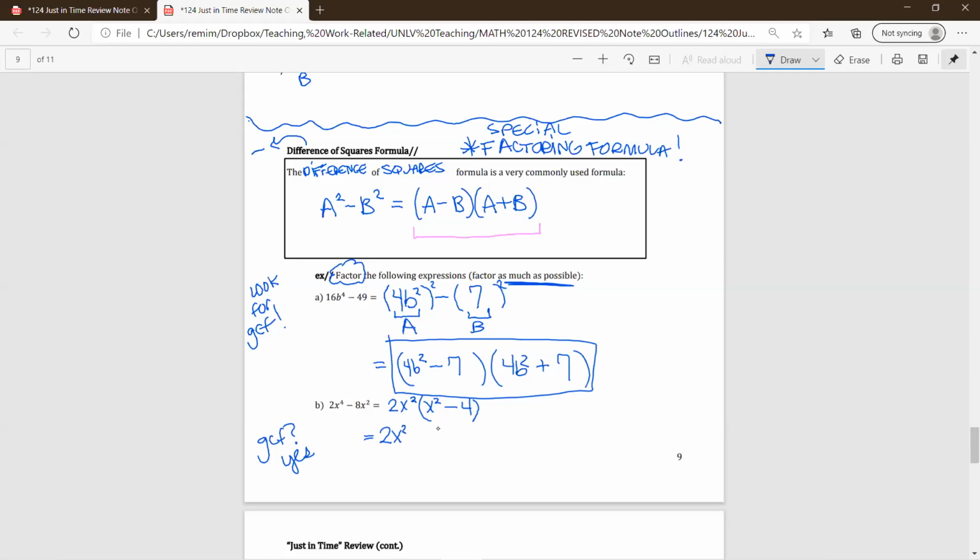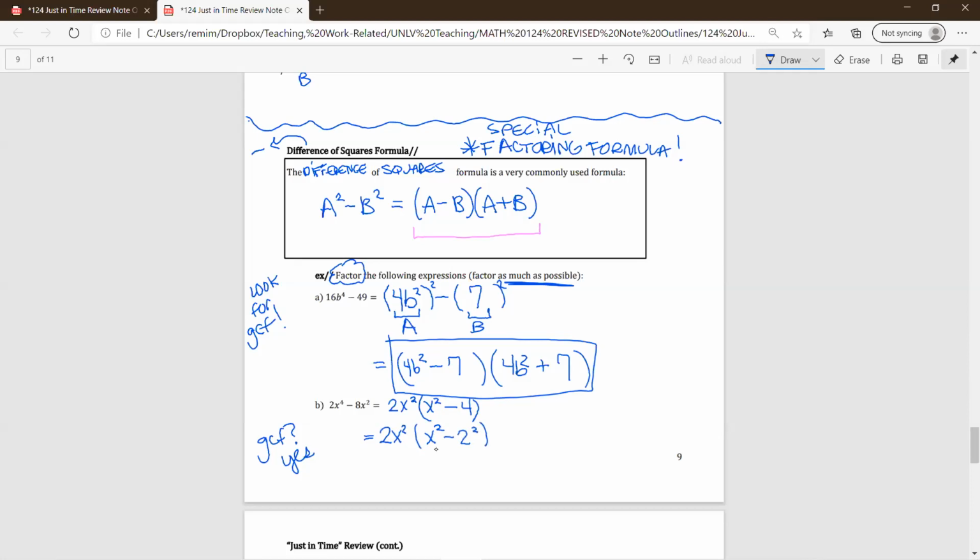Now this is difference of squares. We have an x squared minus a 4, but 4 is the same as 2 squared. So we can write it like this, x squared minus 2 squared.